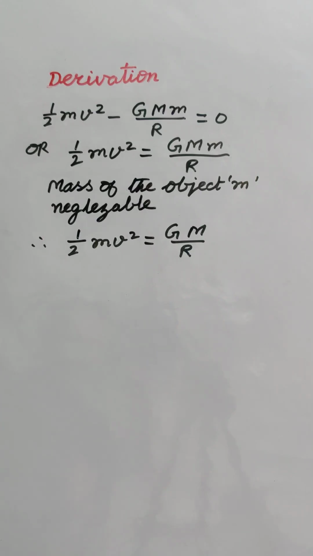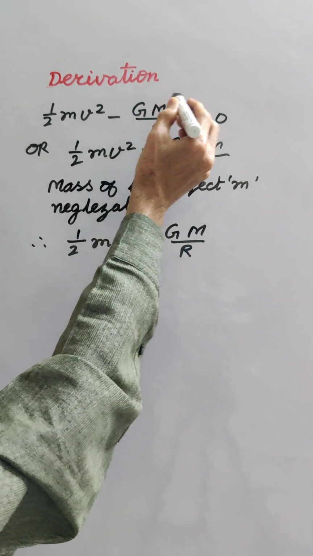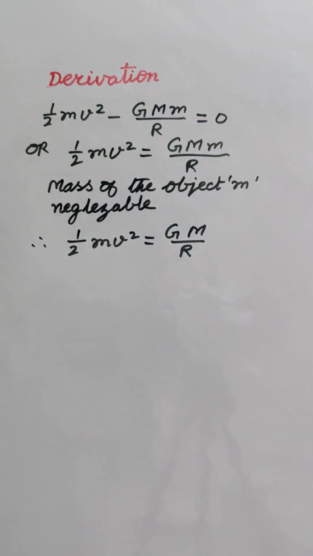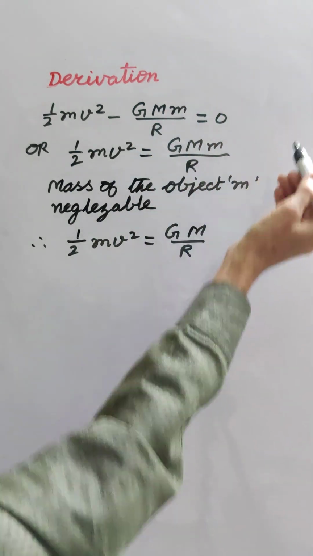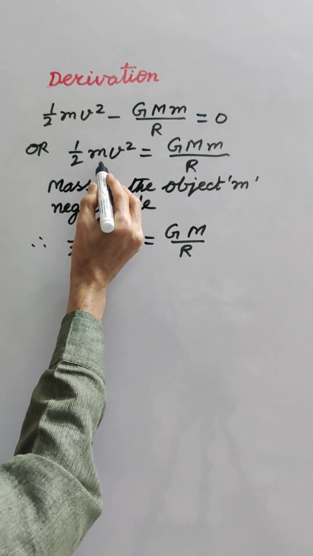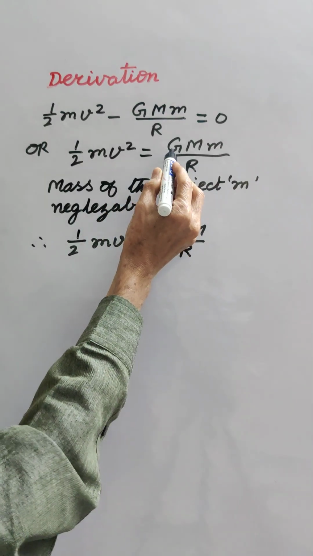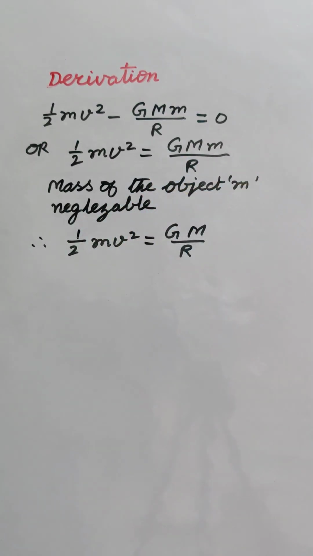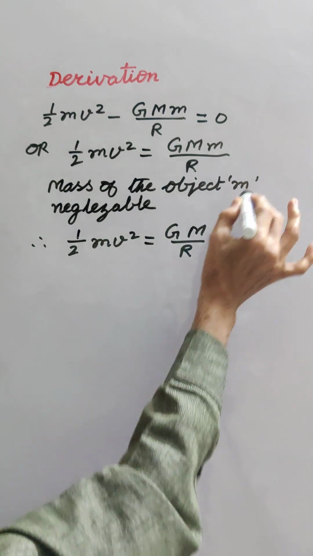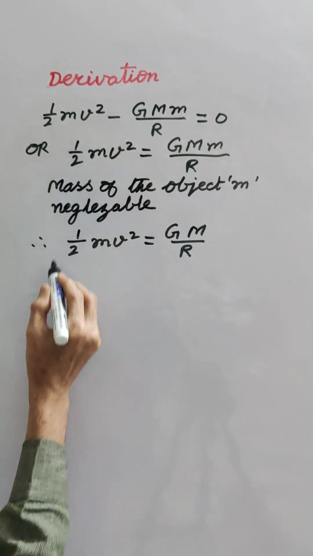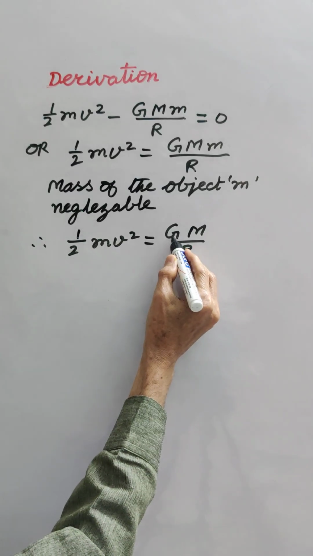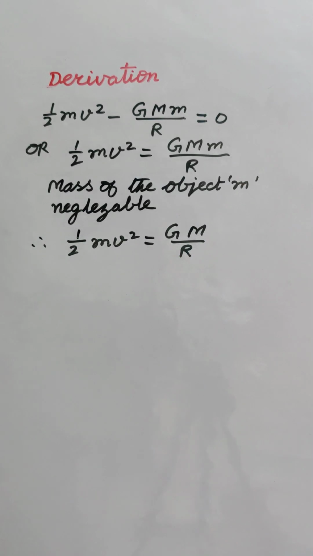EF is 0, therefore applying conservation of energy, 1 upon 2 mv square minus GMm upon r will be equal to 0. Transposing this to the right hand side, we shall get 1 upon 2 mv square is equal to GMm upon r. Mass of the object m is negligible in comparison to the mass of the Earth. So we are neglecting or leaving this m. This way, 1 upon 2 v square is equal to capital G into capital M upon r.